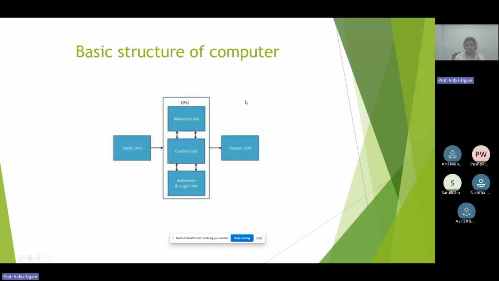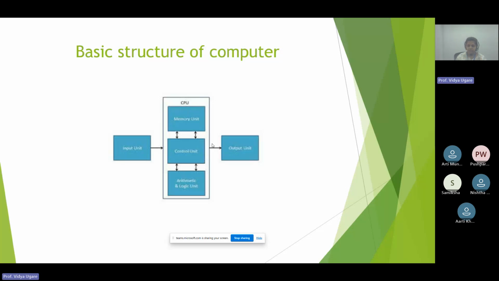Okay, so let's see what these are again. As you can see, one basic structure of a computer. Earlier there was a monitor, there was a CPU system box, there was a power supply which is different, but nowadays you are getting all in one.